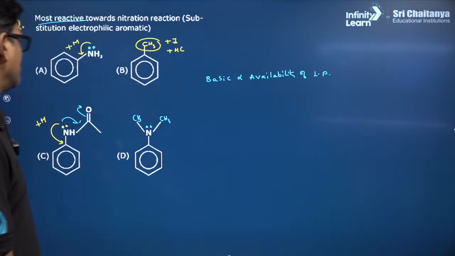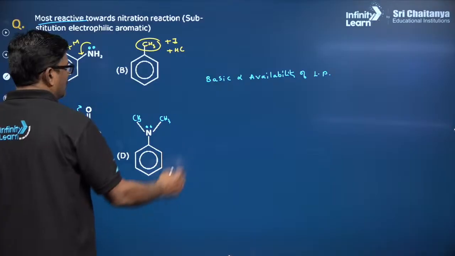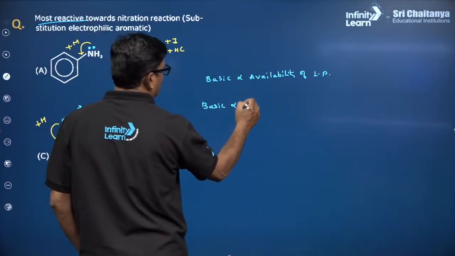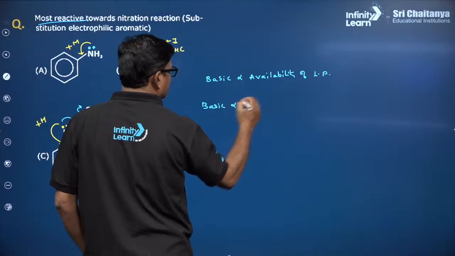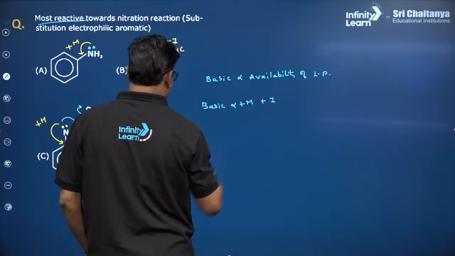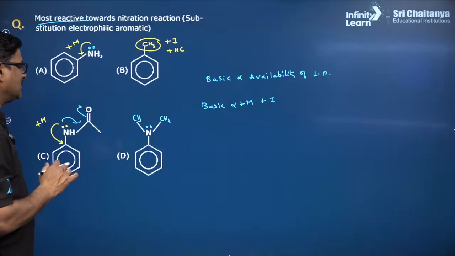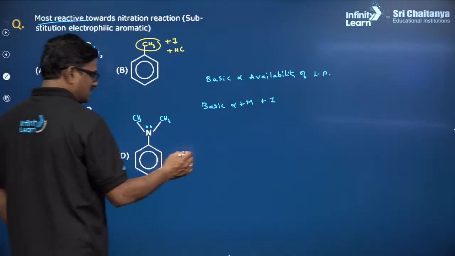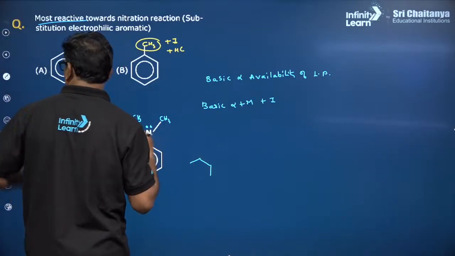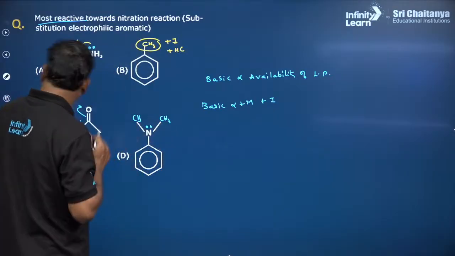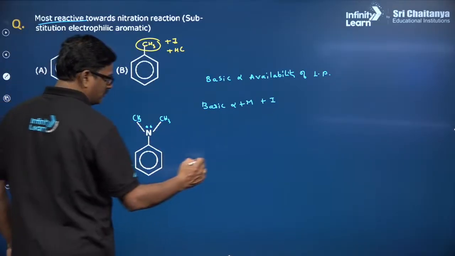Another criteria you can take: basic strength is directly proportional to positive mesomeric effect and directly proportional to positive inductive effect. But the thing is, here if you want to go with this, it's a good question. I may say D, but it is not D. Why so?